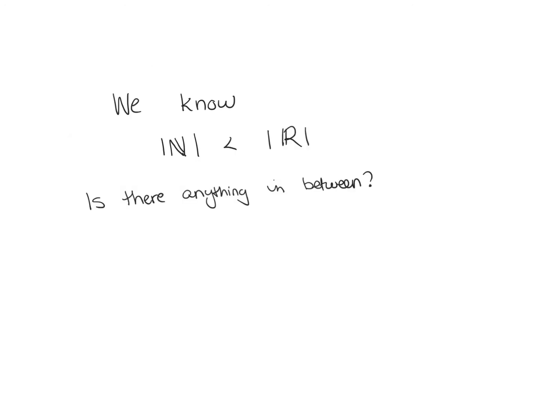And then the last idea I want to touch on is sort of a question here, right? So we know that there is an injection from the natural numbers to the real numbers, just that identity injection. So I do know that I do have this strictly less than. So the question we could ask is, is there anything in between?